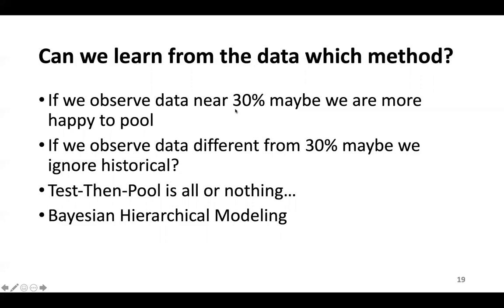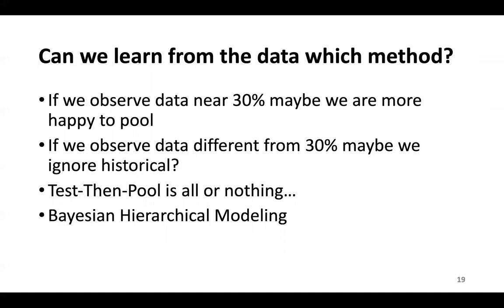Or if we're close to 30%, we want to borrow the previous data because it looks like actually our new control is similar to the old control and the historical is right in some sense. If we start to observe data on the control that differs from 30%, we start to worry that we're now measuring a different control and we want to discount the historical data.